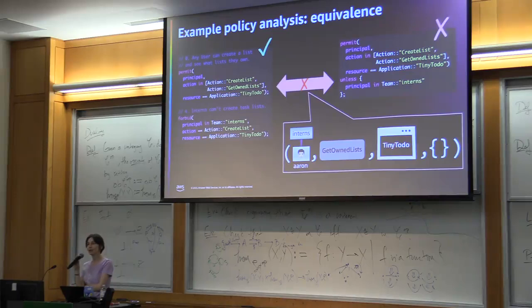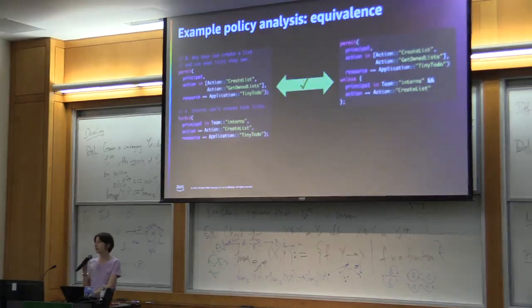So the SMT solver came up with a concrete counterexample, like an actual test case, and we have a tool that can generate test cases from these things, an actual test case that you can run and convince yourself that your refactoring is wrong. So we can fix this just by strengthening that one condition, and in that case, when you run the analysis, it's going to come back and say, yeah, these two things are actually equivalent. They admit the same set of requests.